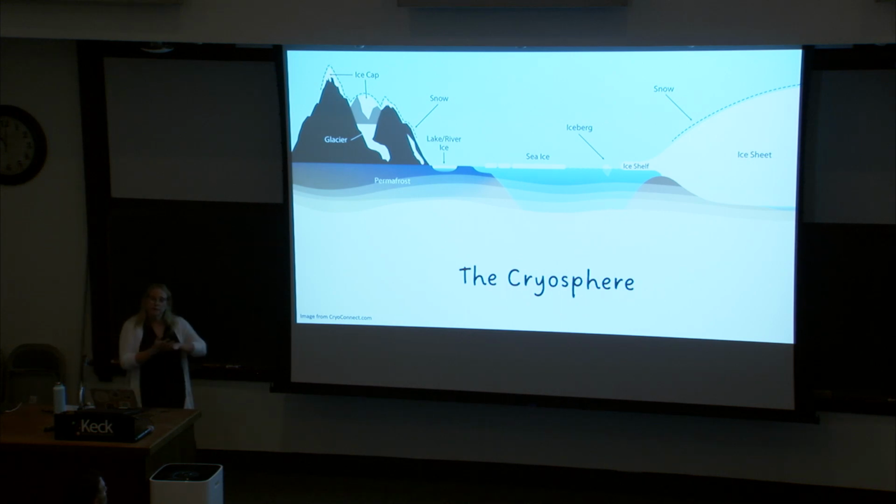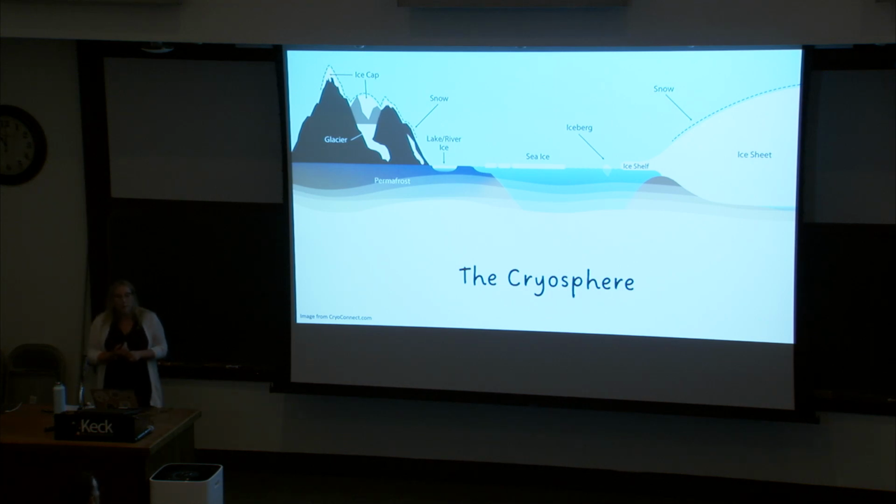The temperature ranges, the consistency, the ice morphology, the availability of water and nutrients, salinity, and light are all very different in each of these. Within each of these, though, organisms exist in the porous spaces between the ice. I'm going to talk today about some of these different environments.